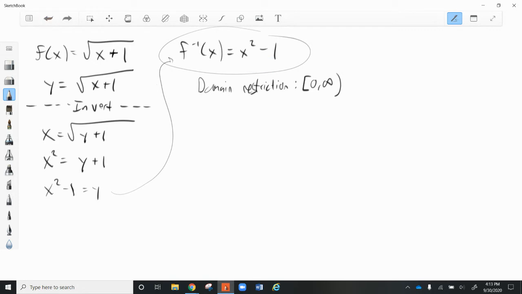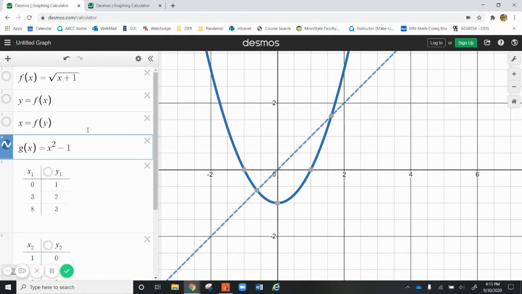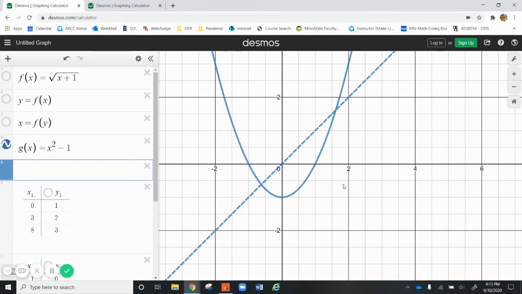So there's something going on here, and it turns out that not all functions are really invertible. If we get rid of that domain restriction, and look at that graph g of x, and try to find the inverse of that entire parabola, instead of writing y equals g of x, I'll write x equals g of y.